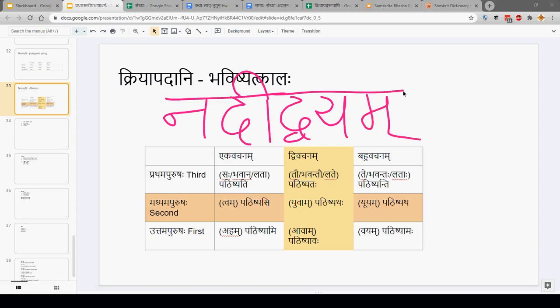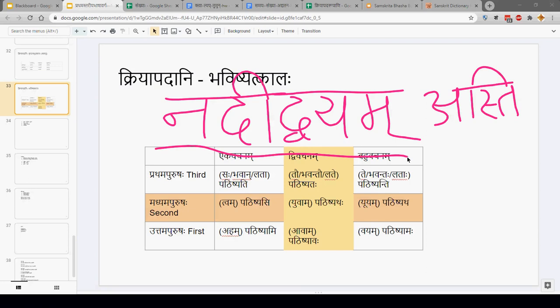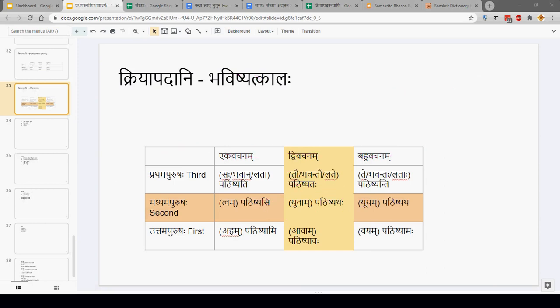Nadi dvayam asti. Asti is a singular form. If we had used the dual form of nadi, then the verb would have been dual as well. But we can circumvent that and just say nadi dvayam asti. Simple.